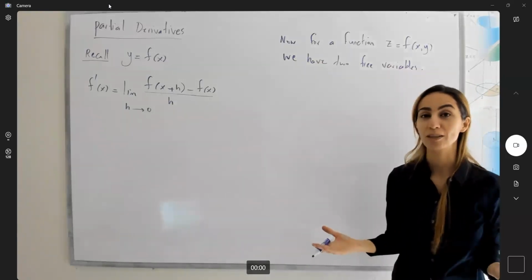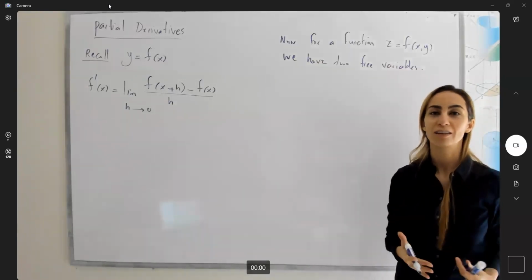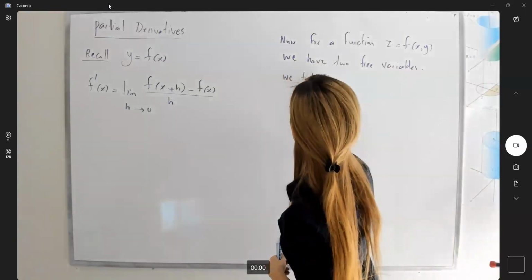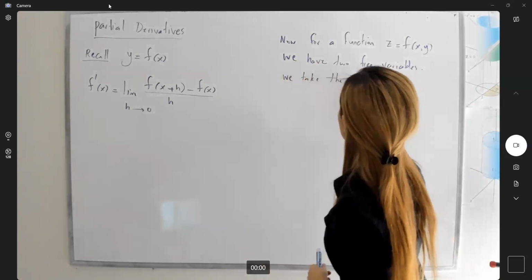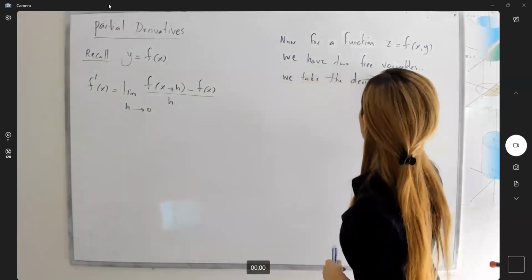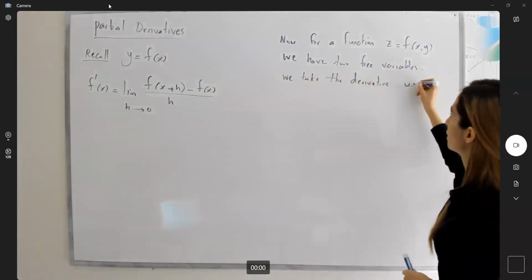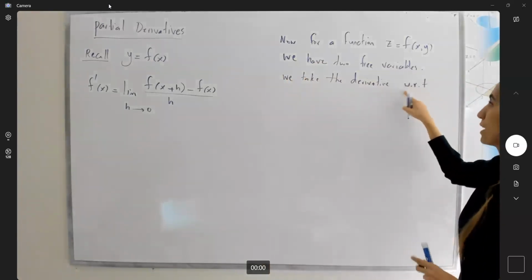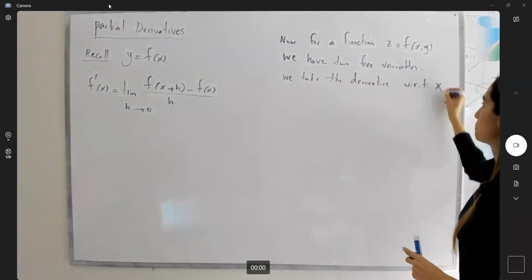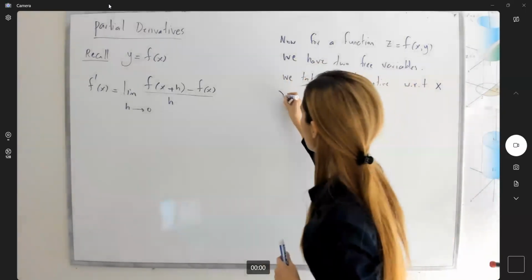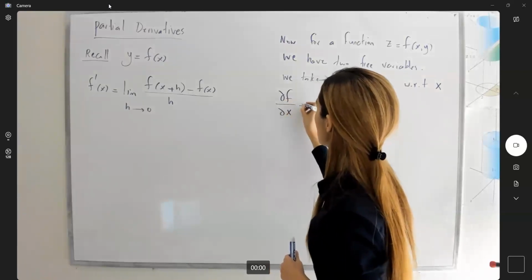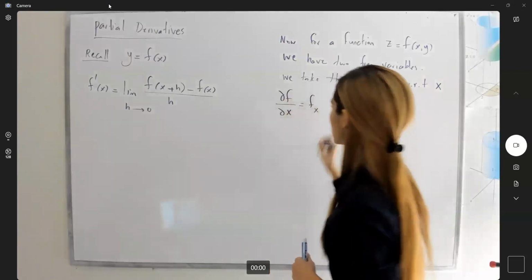So we're going to call them partial derivatives. We take the derivative with respect to x, and we denote it by the partial derivative of f with respect to x, or f sub x.